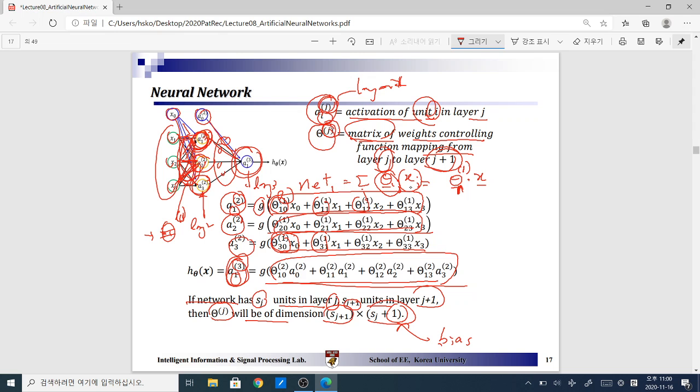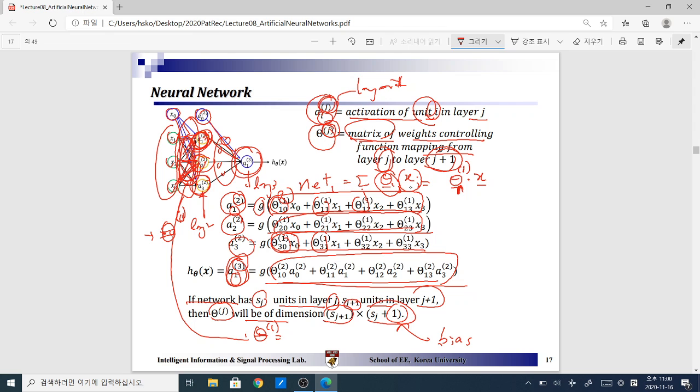For example, once again, here you have this theta matrix, theta of 1.